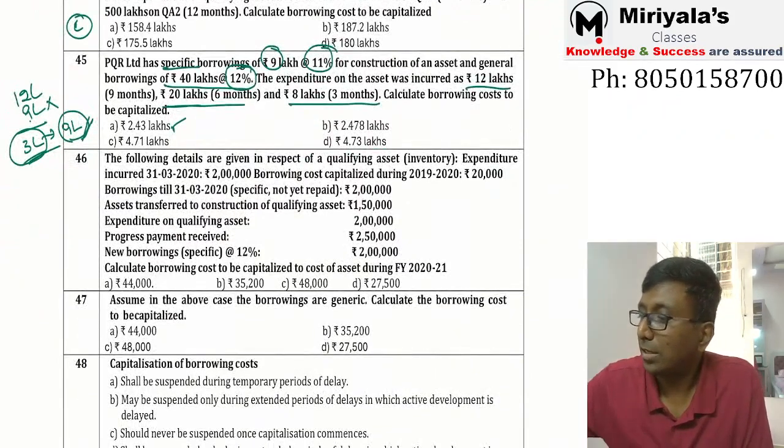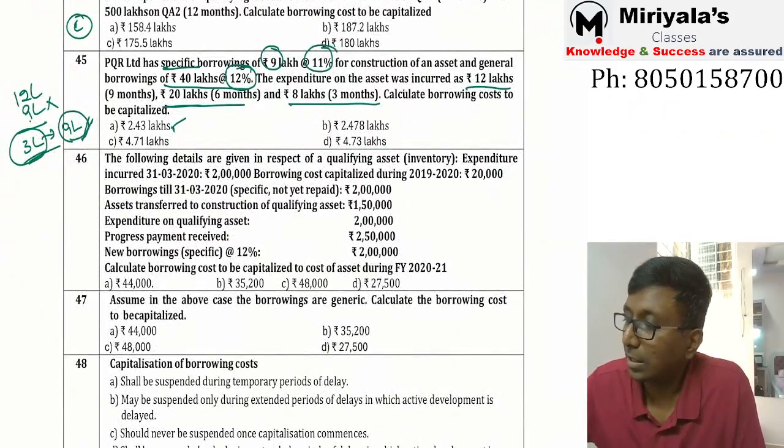Next, the following details are given in respect of a qualifying asset. Expenditure is 2 lakh, borrowing capitalized during the last year is 20,000, borrowing specific not yet repaid, and assets transferred to the construction of a qualifying asset. Progress payment made is irrelevant to you. Now, the new specific borrowing loan is E%. Calculate the borrowing cost that is supposed to be capitalized.